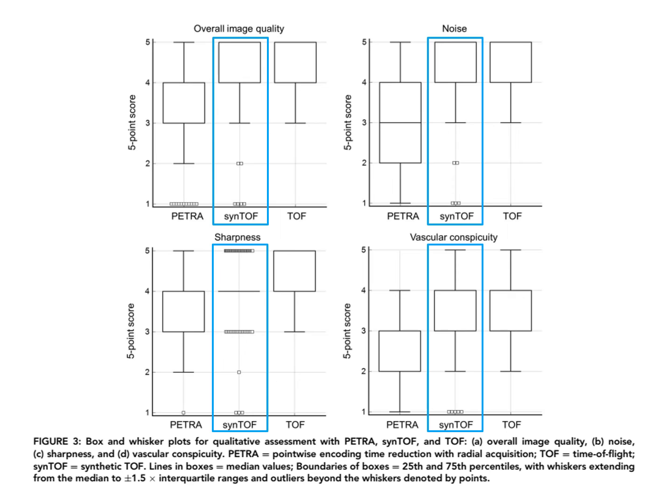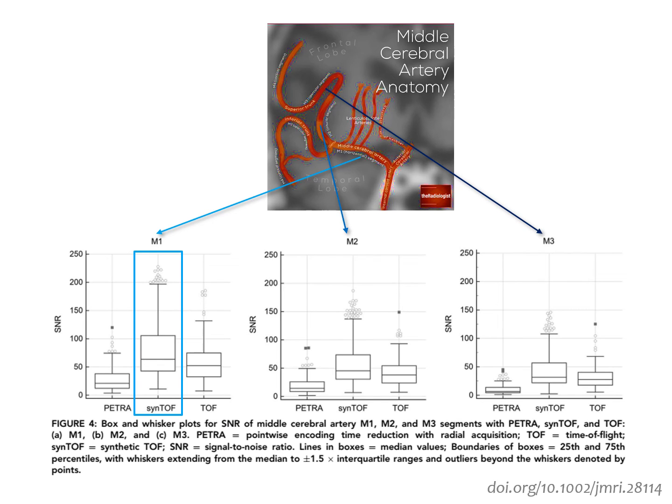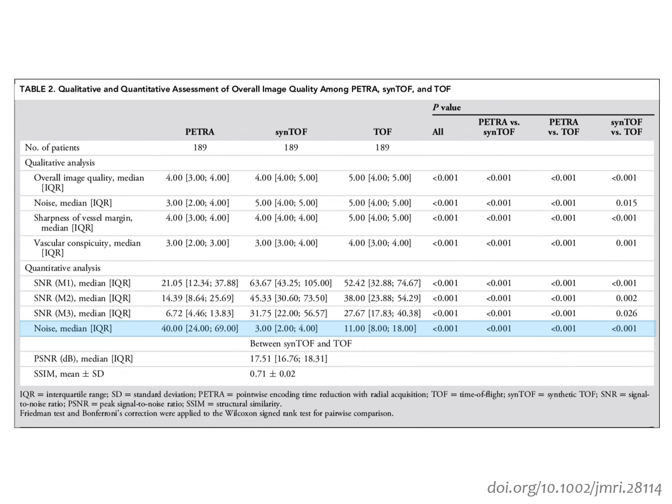In qualitative analysis based on the 5-point Likert scale, overall image quality, noise, sharpness, and vascular conspicuity were improved in synthetic TOF. In the quantitative analysis, SNR was increased in synthetic TOF. It was even higher than true TOF. We presume that it was from the effective denoising.